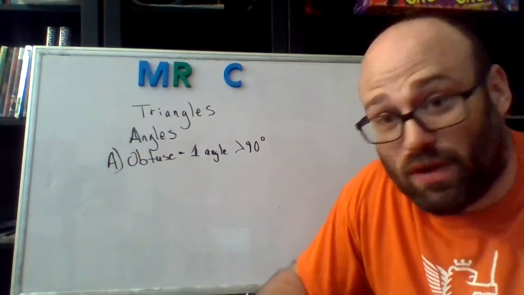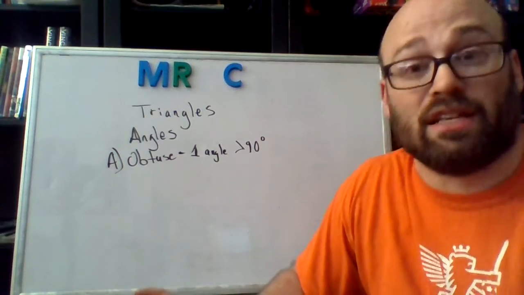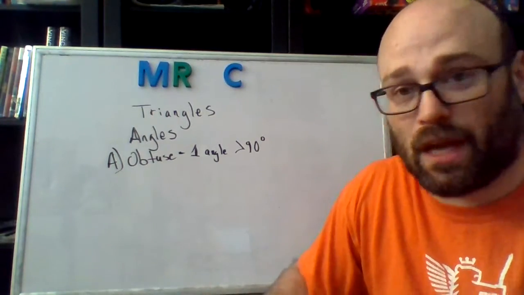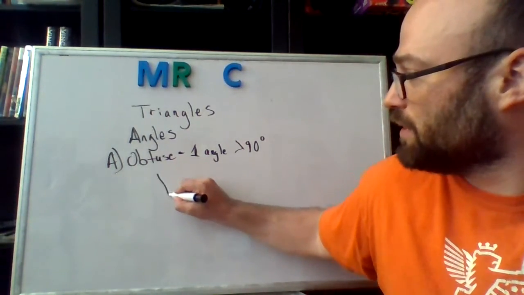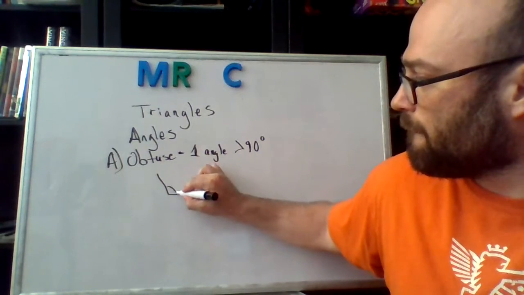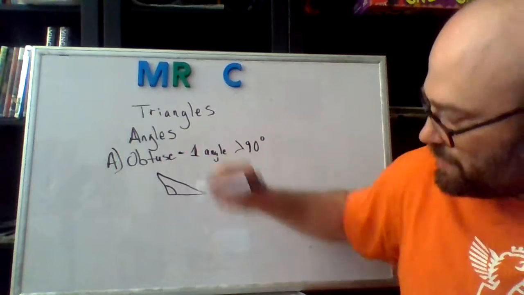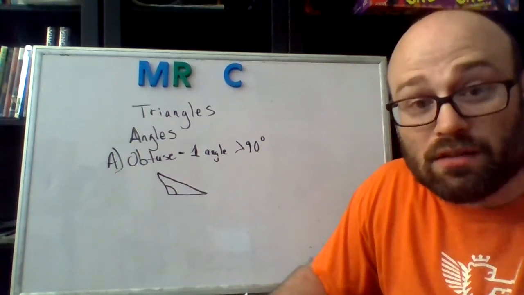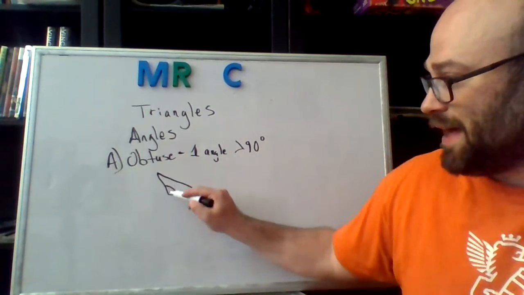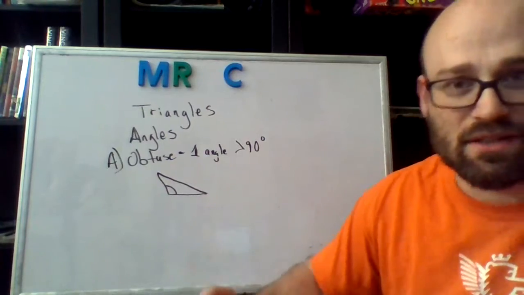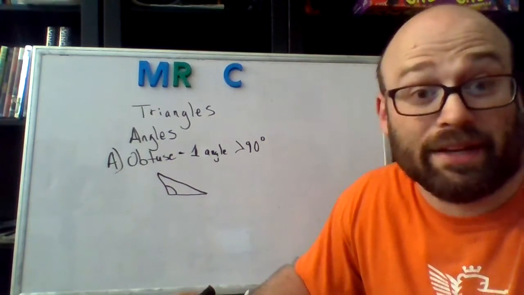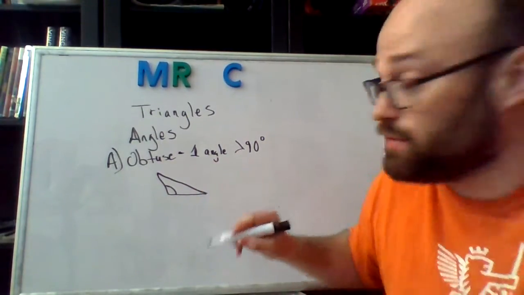If it has just one angle bigger than 90 degrees, it's obtuse. That's it. Basic, easy one. So this is an obtuse triangle. Also, it's scalene. If you look at it, that side is not as big as that one. Nothing's congruent there.